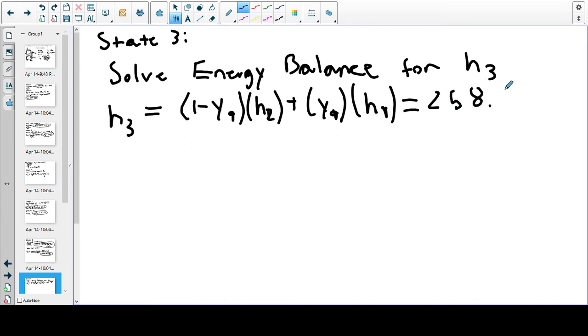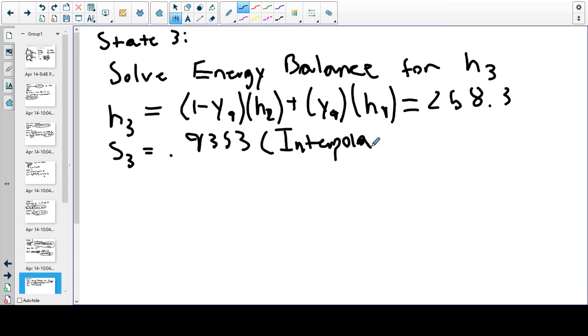And you end up getting something to the effect of 258.3, in BTUs per pound, I guess. And then S3: you would look this up in the table with your H3 value, and you would find out, once again, is your H3 bigger than Hg? If so, it's superheated, which in this case it is. And you'd interpolate at pressures for that S value.